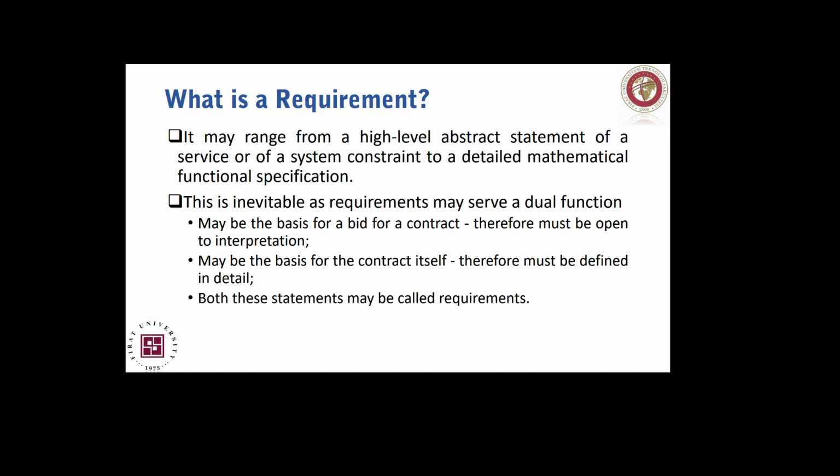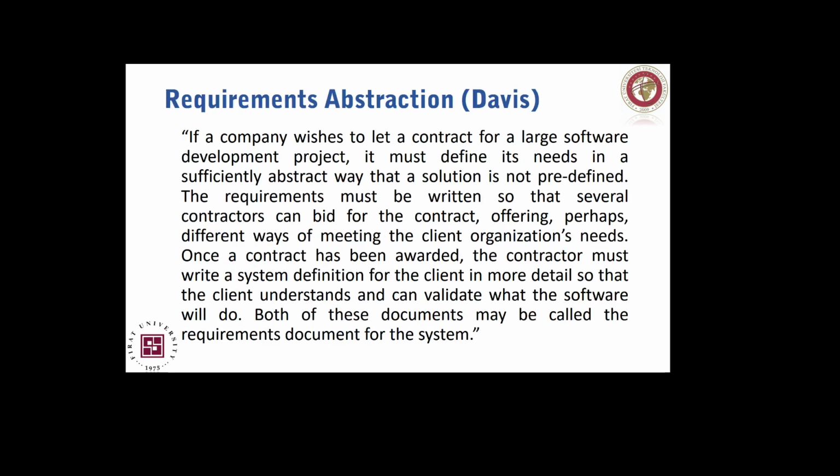So basically, both definitions of requirements are needed, and they are available in software engineering, especially in the requirements process. This is what we were explaining earlier, requirements abstraction. Why do we need both abstraction and detail?